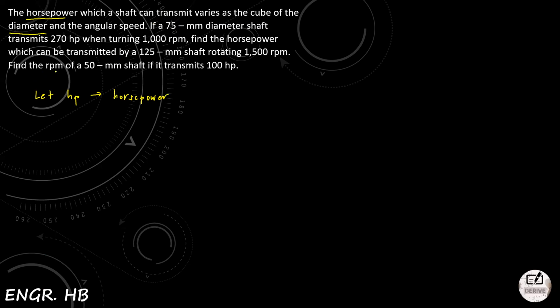So meron tayong diameter dito, pwede nating sabihin D represents the diameter. At sabi, angular speed. So, omega ulit. The angular speed.